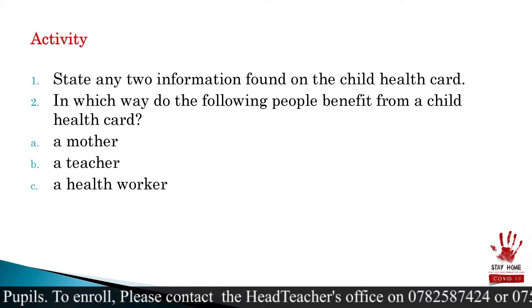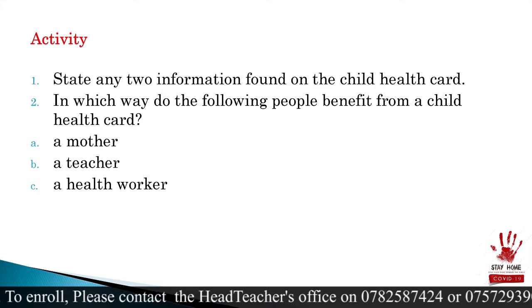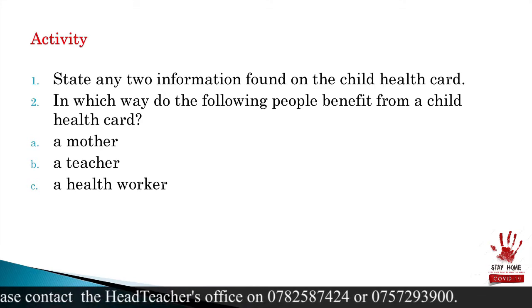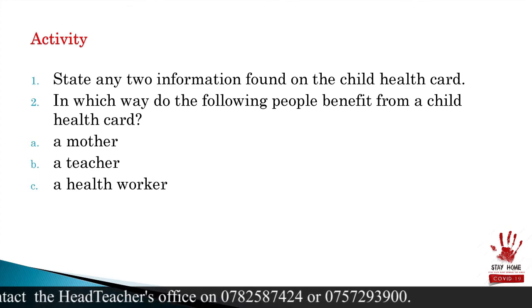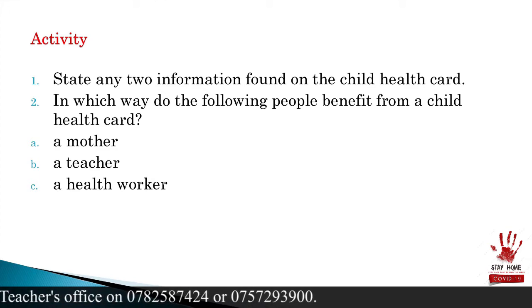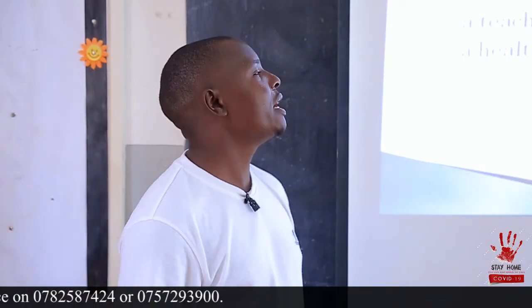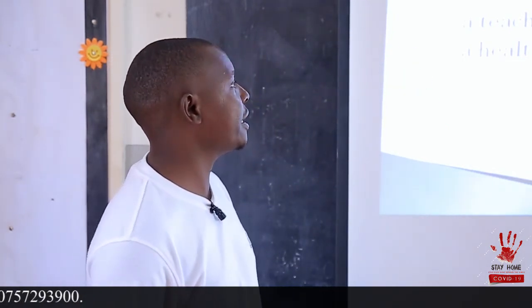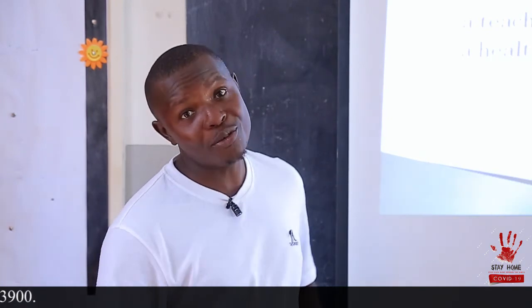In which way do the following people benefit from a child health card? 1, a mother. 2, a teacher. 3, a health worker. Very, very simple. Just write those down, and I will come back before I begin the next lesson. We shall again see how you featured in this exercise. Thank you. Continue being good children and learn.